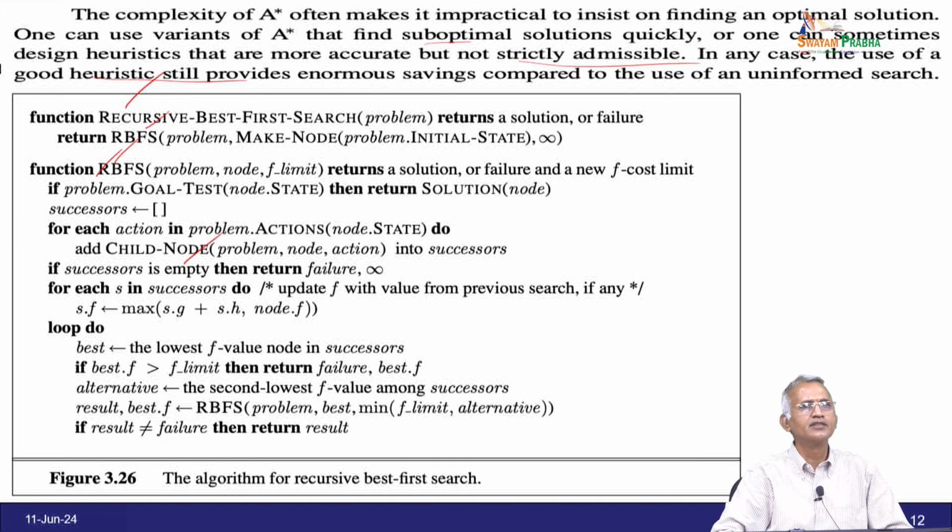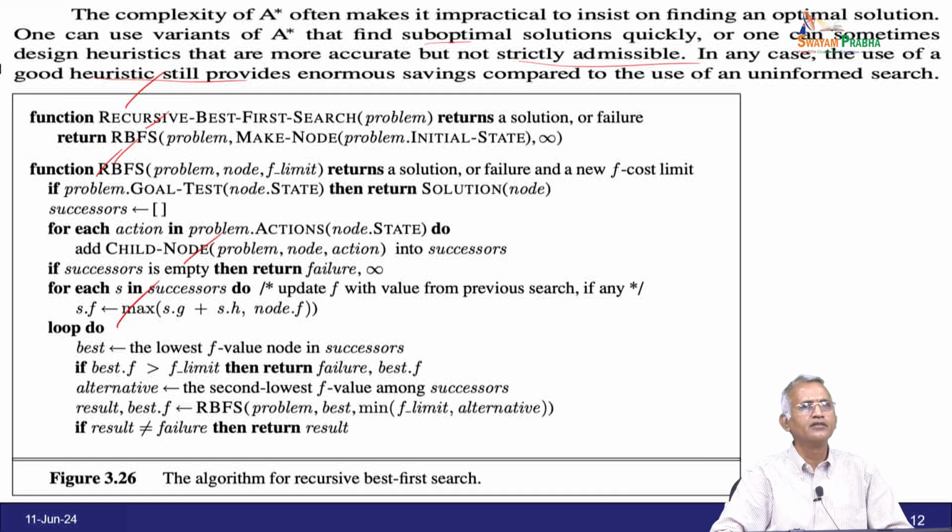For each s in successors, do update f with the value from previous search, if any: s.f is the maximum of s.g plus s.h, comma, node.f. Then loop: best is the lowest f value node in successors. If best.f is greater than f_limit, then return failure.